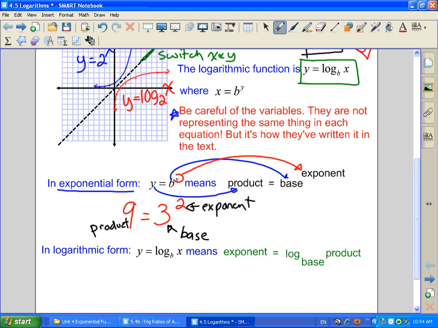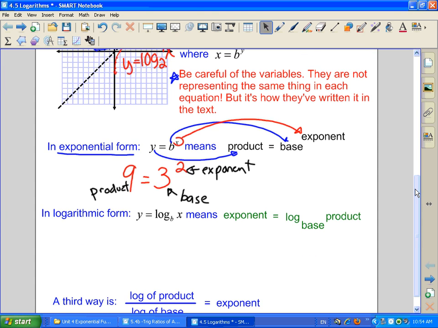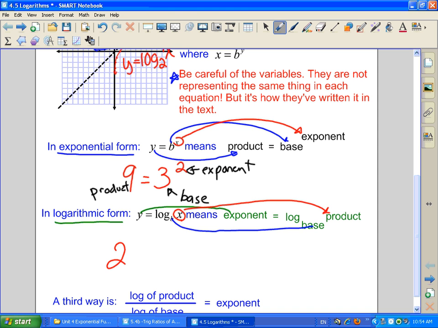When we look at logarithmic form, just remember that we've switched the x's and the y's. So in logarithmic form, y in this case is the exponent, b is your base, and x in this case is the product. So if I was to write this in logarithmic form, I would say that 2, which is my exponent, equals log 3 of 9. And that's logarithmic form.